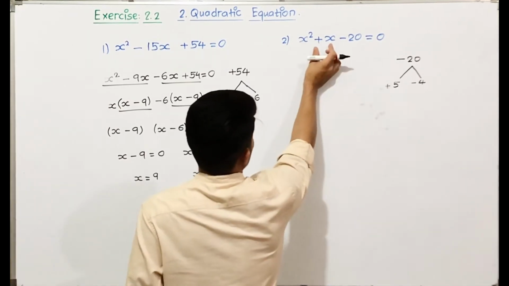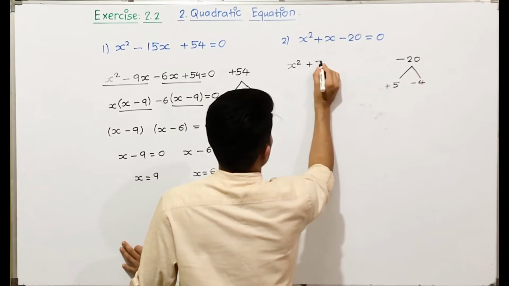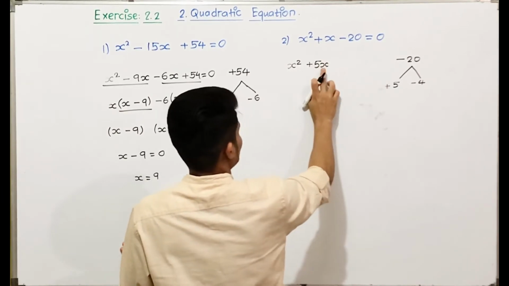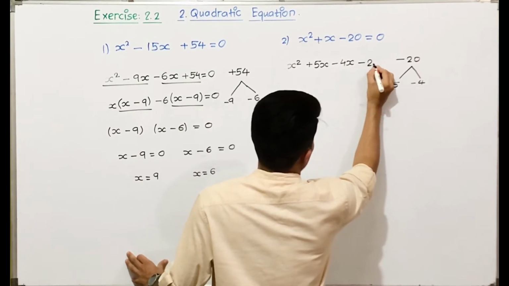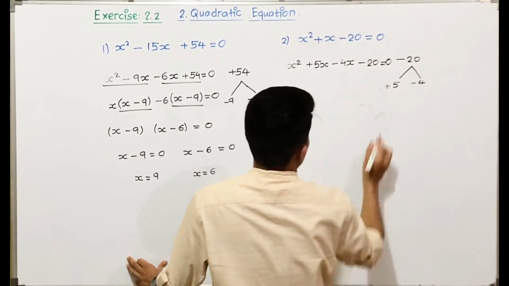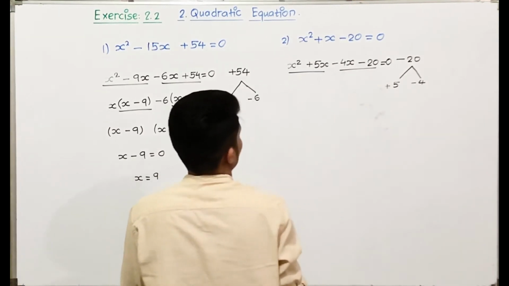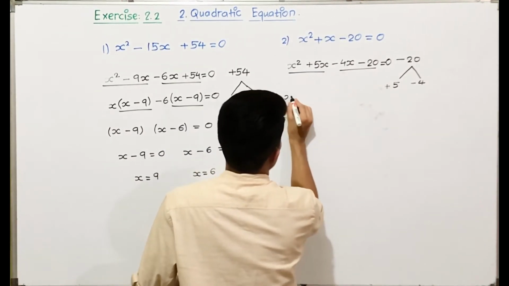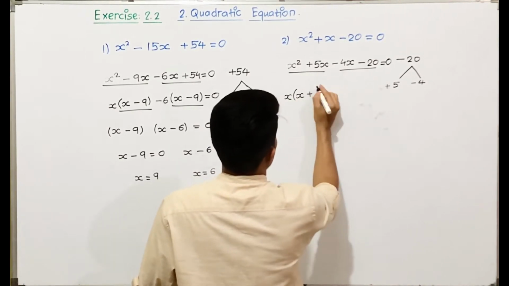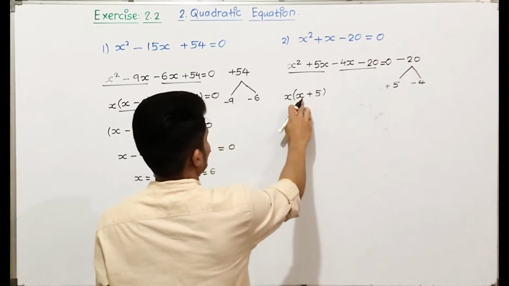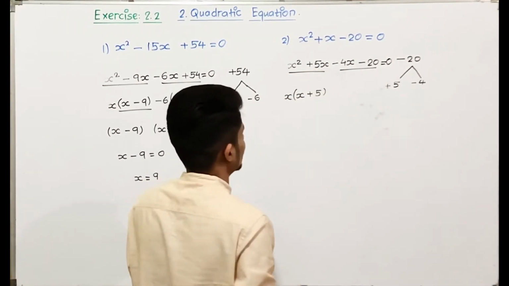So we'll replace this with these numbers: x square plus 5x, you should always take the variable, minus 4x minus 20 is equal to 0. Now we'll take common from the terms. So here x is common and the remaining is x plus 5. x into x is x square, x into plus 5 is plus 5x.